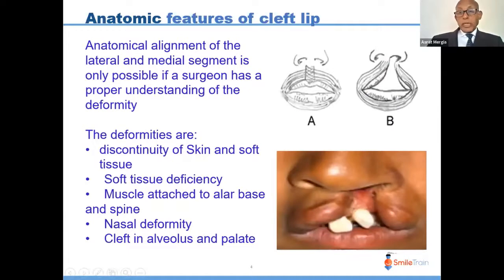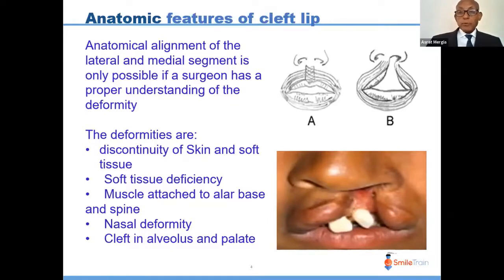Just to discuss a few points of the anatomy, you can see that the muscle is a very important structure in the formation of the lip and in the form of the lip. It's not the skin.